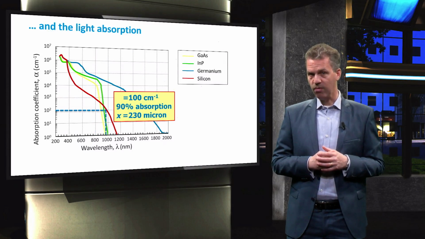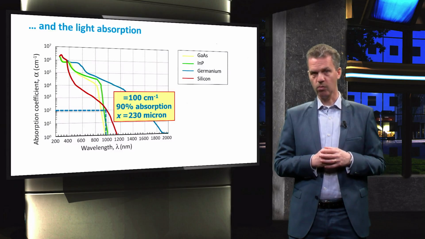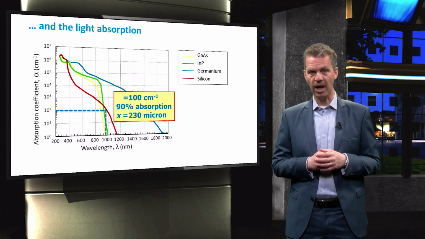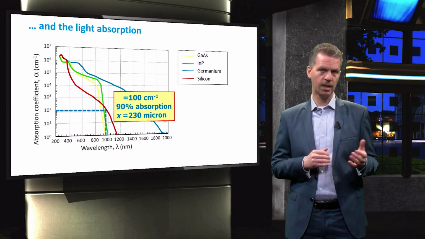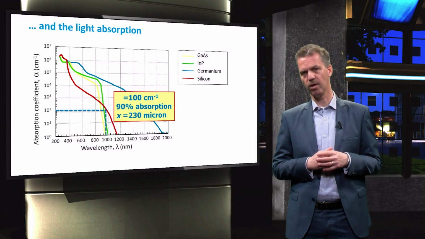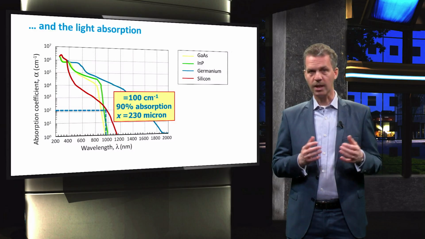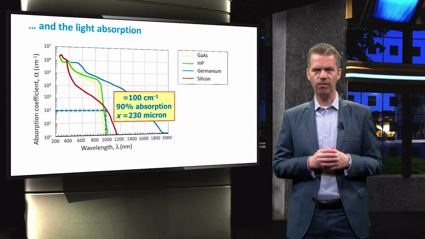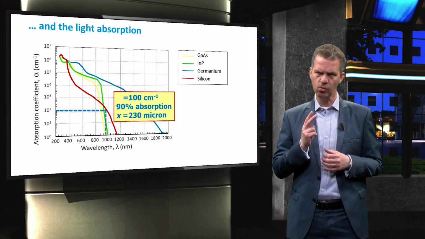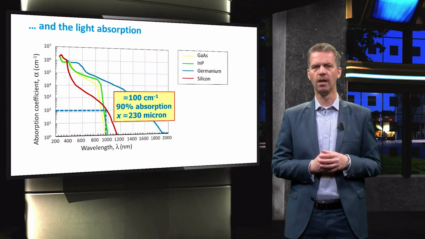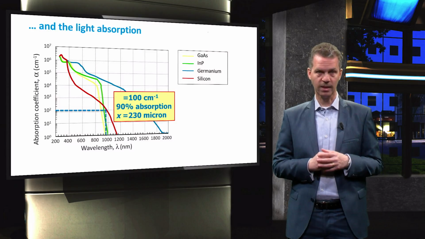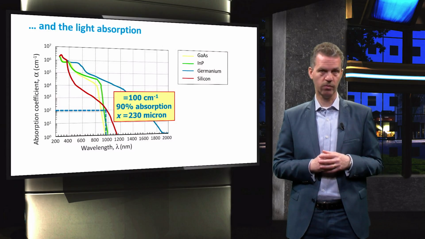When we compare the wavelength-dependent absorption coefficient of crystalline silicon to direct bandgap materials such as gallium arsenide, indium phosphide and germanium, we can clearly see that the absorption coefficient of silicon is up to 2 orders of magnitude smaller up to the direct band gap of 3.4 electron volts.